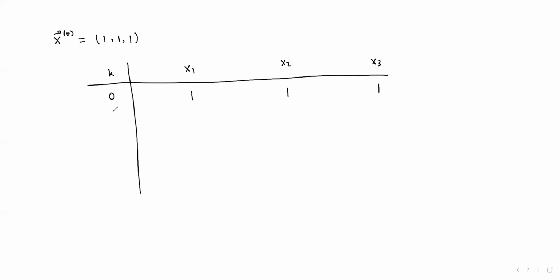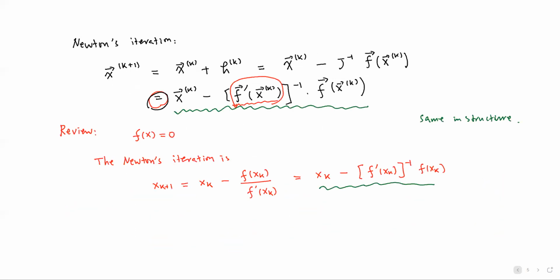Now, first iteration, Newton's method. After we compute the derivative, plug in x0 in the derivative, then compute the inverse of the matrix, then multiply by this vector.